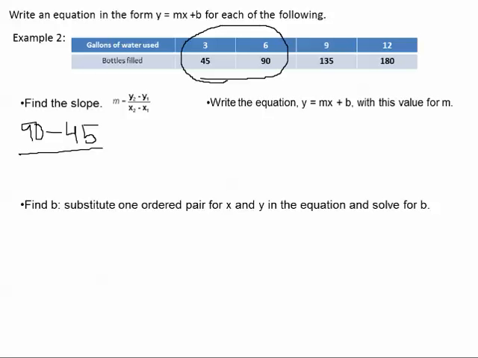I'm going to divide that by my x's, 6 minus 3. I have 90 minus 45, which gives me 15.